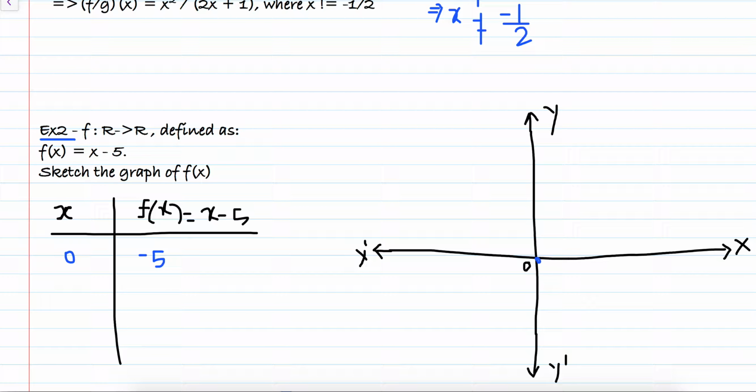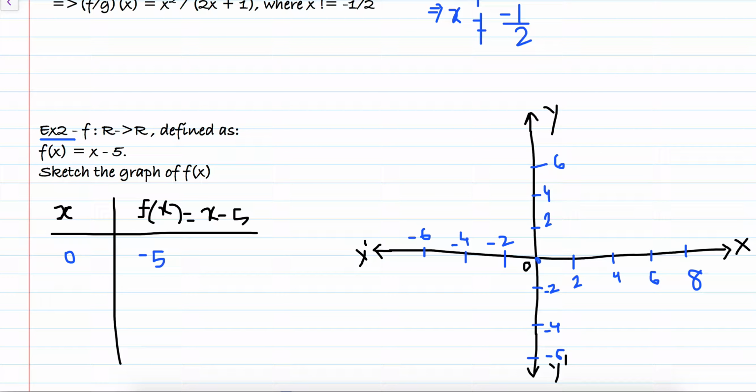If x is 0, y is, so this is 2, this is 4, this is minus 6, minus 4, minus 2, and similarly this is plus 2, plus 4, plus 6, and on the x-axis 2, 4, 6, 8, and here minus 2, minus 4, minus 6.